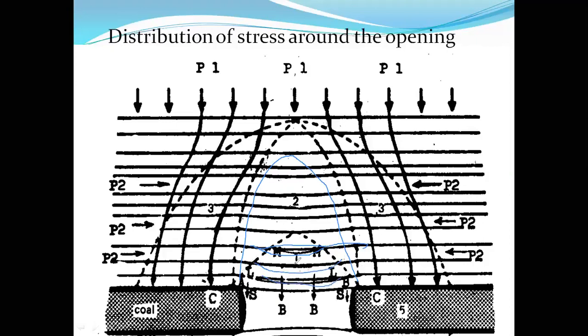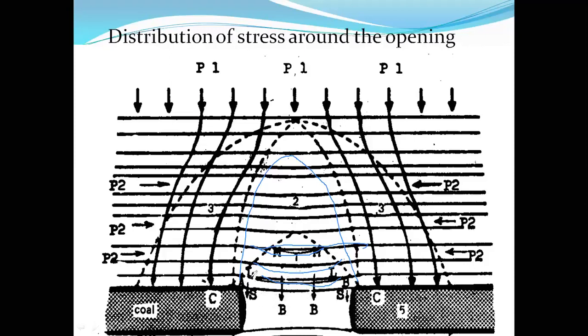The separation between the layers of the strata occurs because we have not provided any kind of support, and this portion will try to close this opening. This results in separation between the layers. The separation between the layers of the strata is known as bed separation. If this bed separation is not avoided by providing proper support, it leads to roof fall.